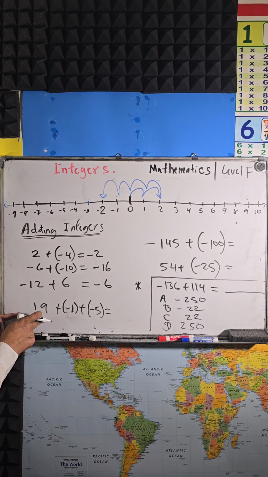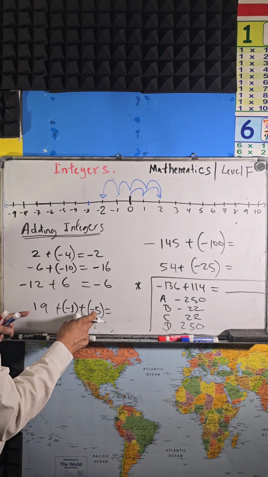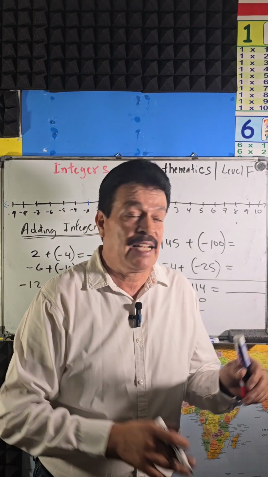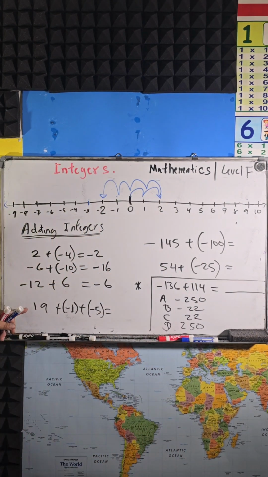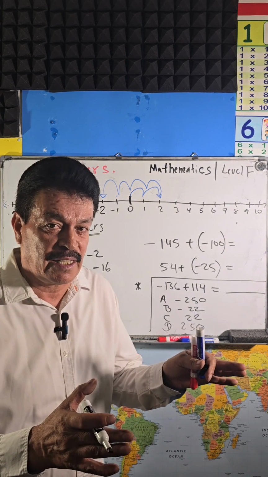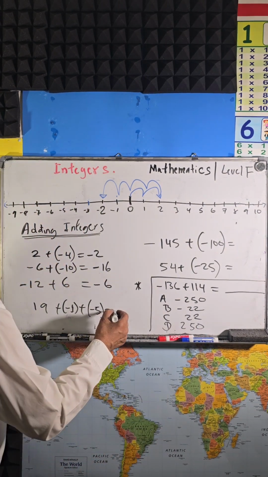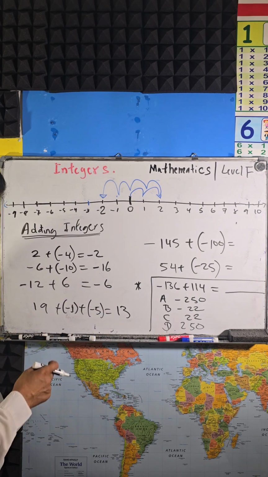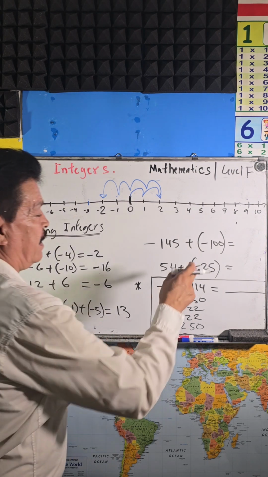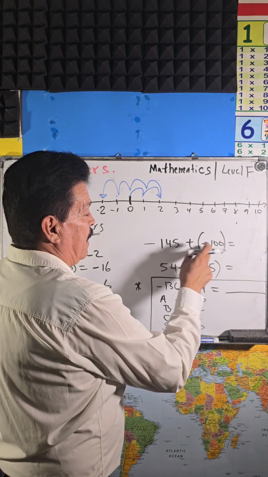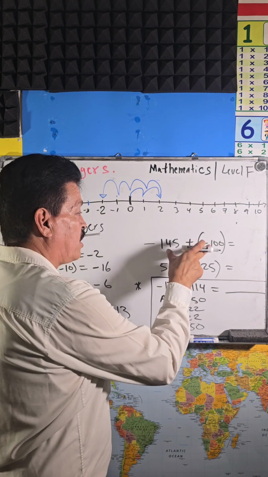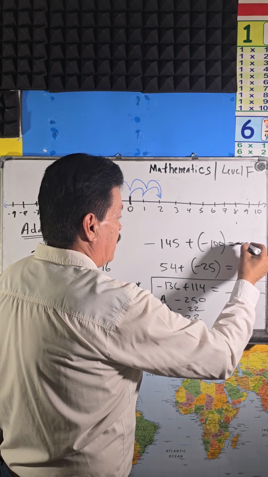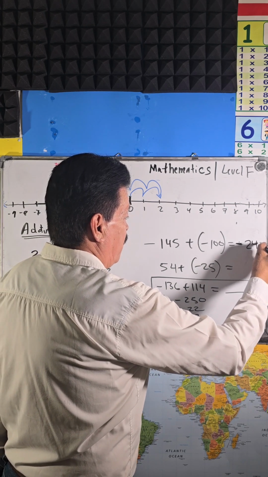Then we have 19 plus negative 1 plus negative 5. Together we have 6 negative numbers, so we have to subtract 6 from 19. So it equals 13. Plus 6 is 19, right? Okay, 145 plus 100, both numbers are negative, so you have to write negative 245.